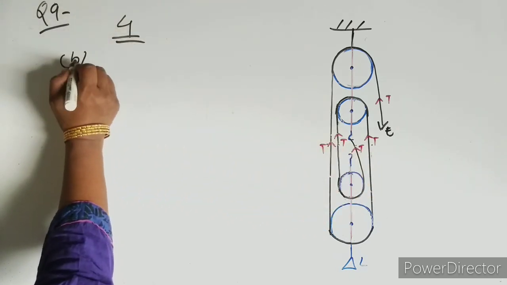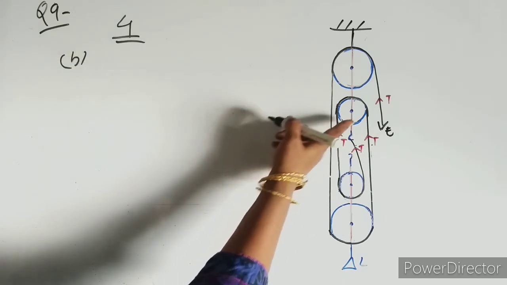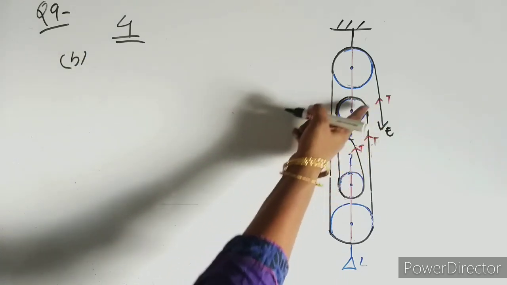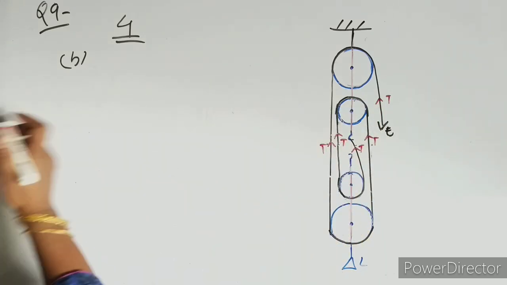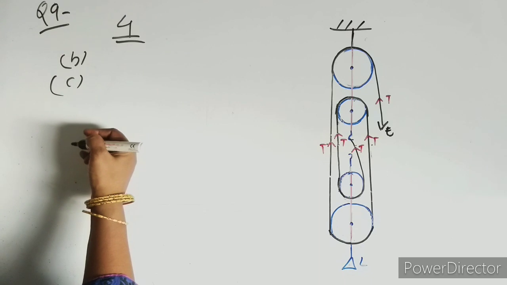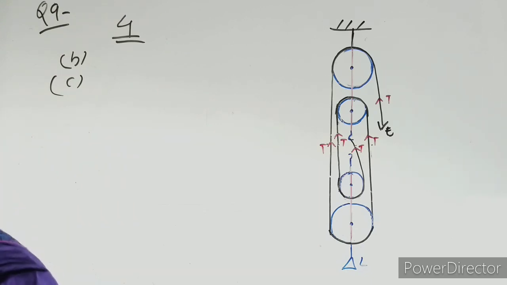And what is the B bit? It is asked to complete the diagram, showing the direction of effort, tension, all these things, and the load. And the third bit: what is the mechanical advantage of this system?